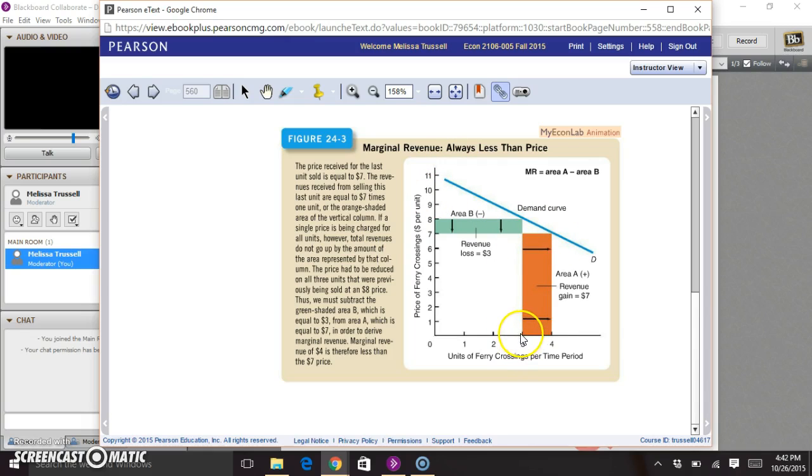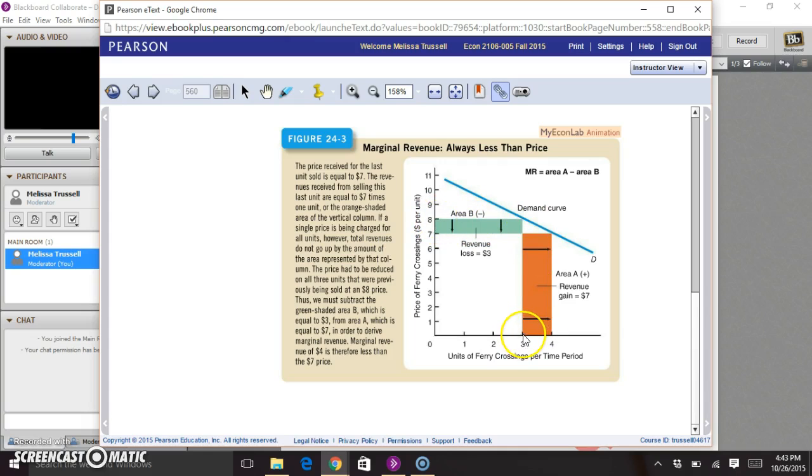So if you want to cross the river or the water 3 times, you'll go look at the demand curve for a quantity of 3 and figure out what people are willing to pay based on the demand curve. And that willingness to pay turns out in this example to be 8.